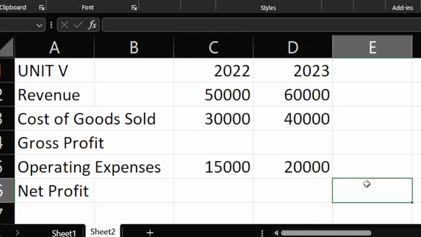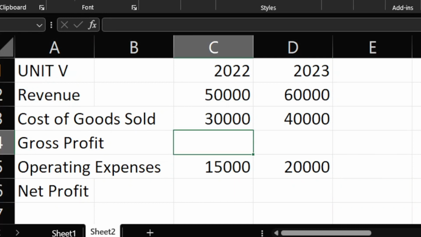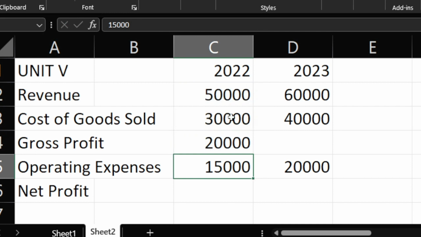Thereby, the question arises, how much would be the gross profit and how much would be the net profit if these figures are like this in any two financial years. Try to solve this. I'm using Excel. So 50,000 minus this 30,000, I have given the formula, so 20,000. We got gross profit, and we know the operating expense.